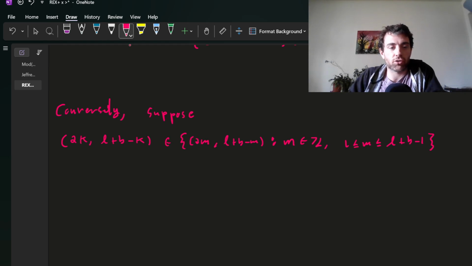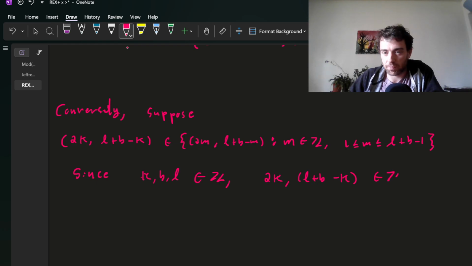So let's start there. Since k is an integer, and in fact, since k, B, and L, we know, are all integers, 2k and L plus B minus k are integers.